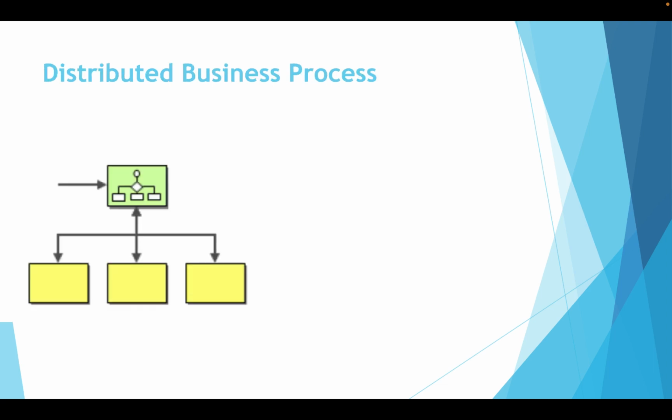The next one is distributed business processes. In this scenario, a single business workflow spans multiple systems, and this is very common. You will see it in integration when you are working with multiple systems like Workday, Dynamics, Maximo, or Salesforce.